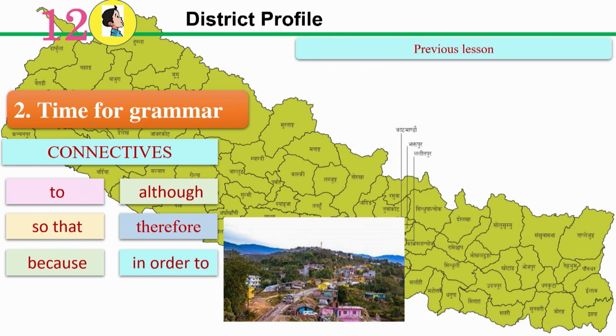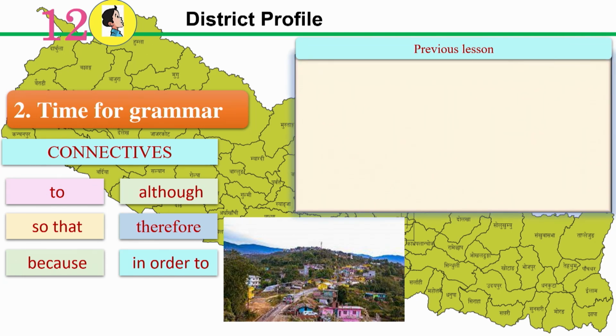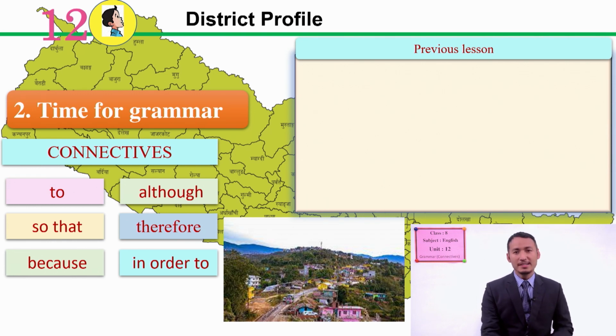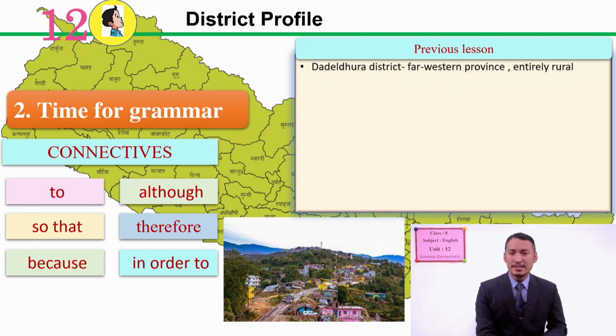And before we start this lesson, let's preview some of the things that we learned in our previous lesson. Okay students, so in the previous lesson we learned about one district out of 77 districts from Nepal. So that is Dadeldhura district.